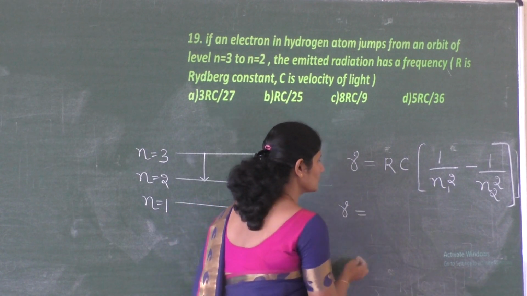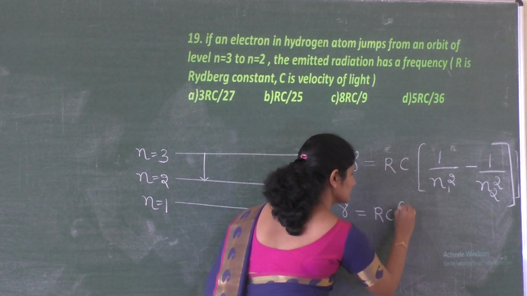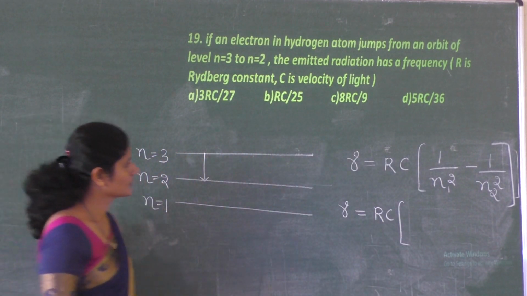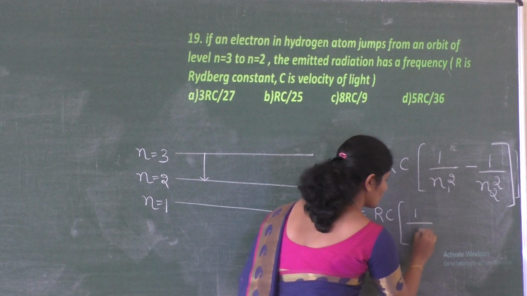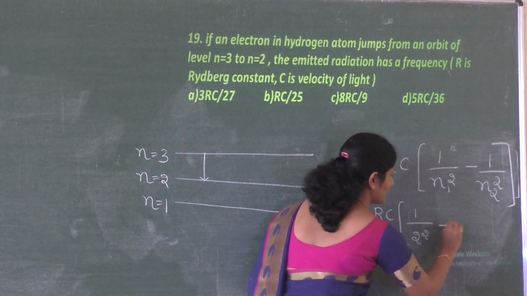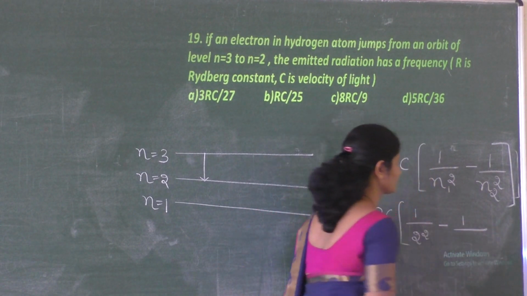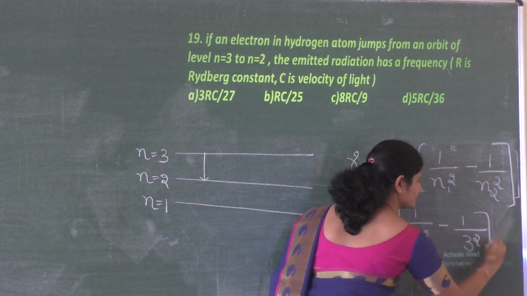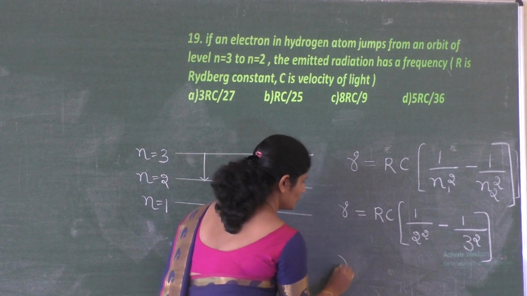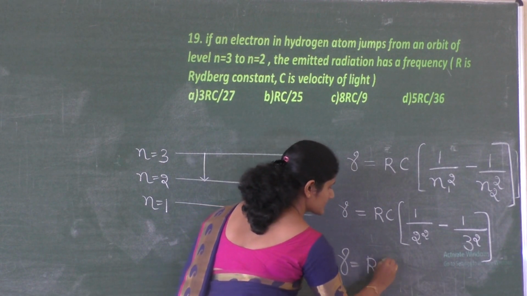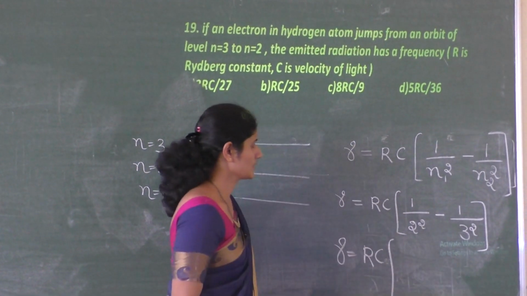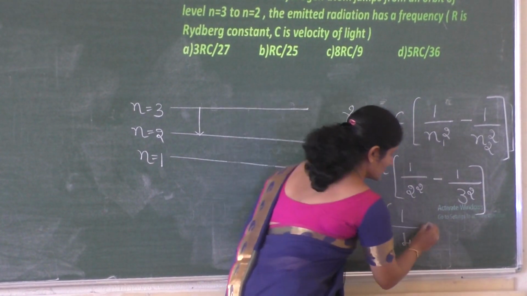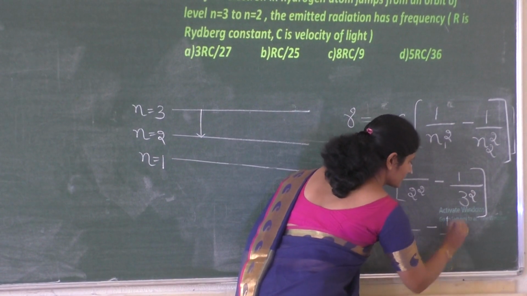Nu is equal to Rc into 1 by 2 square minus 1 by 3 square. So nu is equal to Rc into 1 by 4 minus 1 by 9.